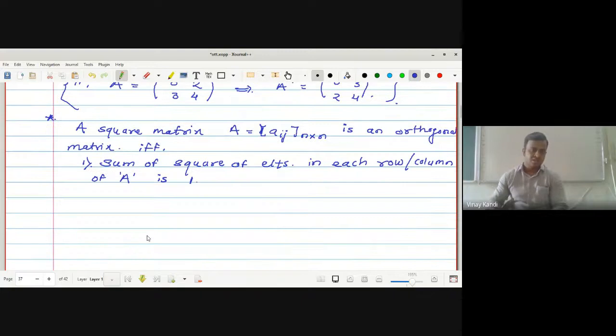What is the first condition? The sum of squares of elements in each row, or you can take column, of A is equal to 1.